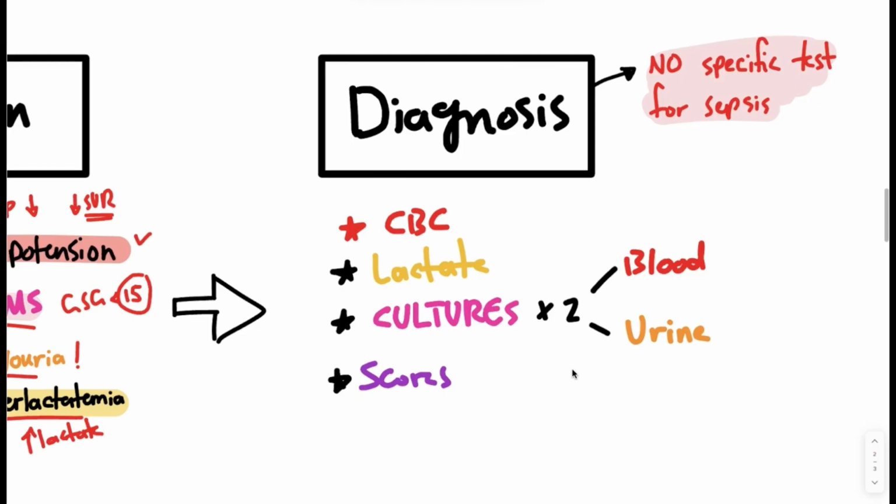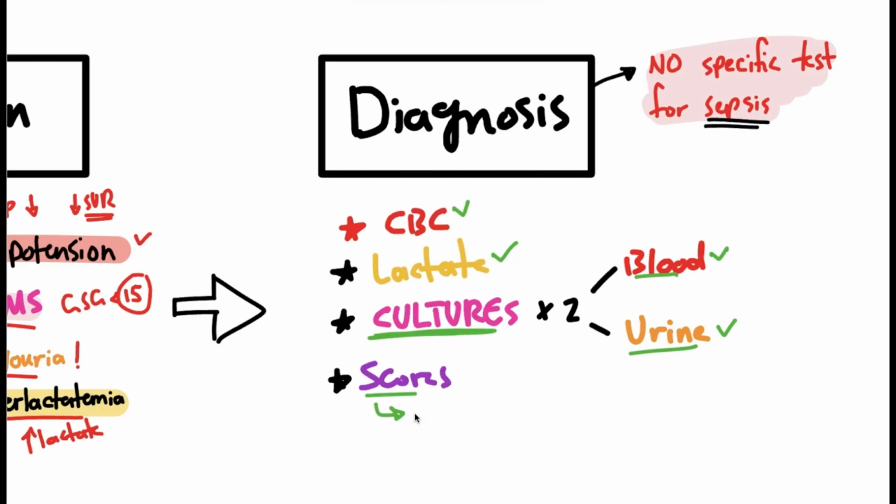For the diagnosis, there is no specific test that we can just test for and say that this patient has sepsis. So instead, we do a CBC, we measure lactate, we take cultures, one blood culture and urine culture. So we have to take it from the blood and the urine, and scores.